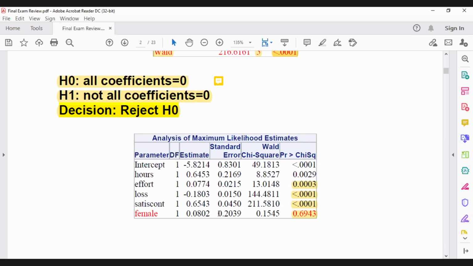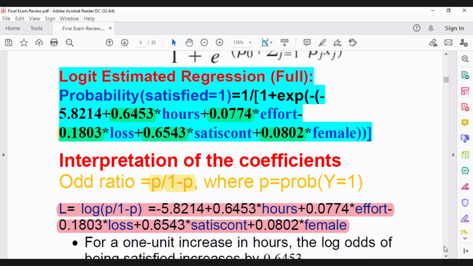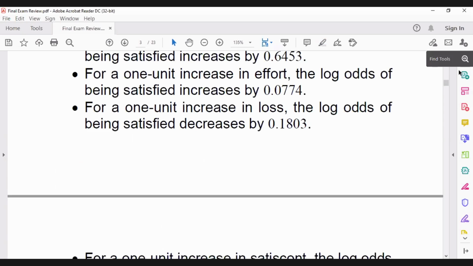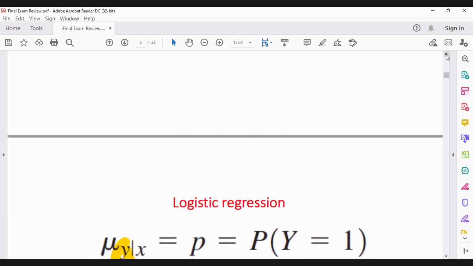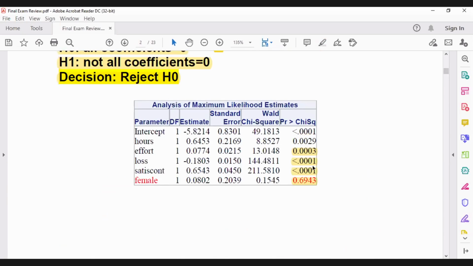Then I will ask you to write down the linear form of the logistic equation. Then I will ask you to interpret the coefficients of the independent variables, and also to check if they are significant or not. So interpretations are given there, and to see if they are significant or not, you need to look at their respective p-values from chi-square. Okay?